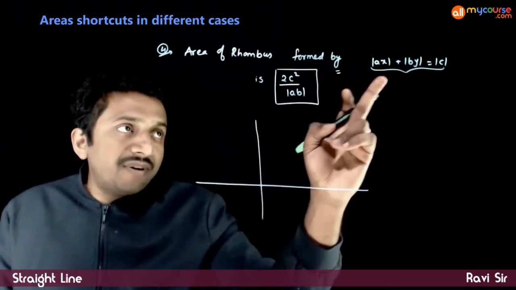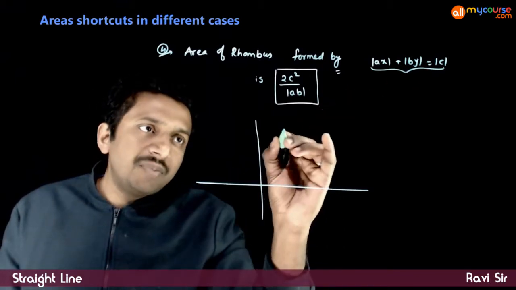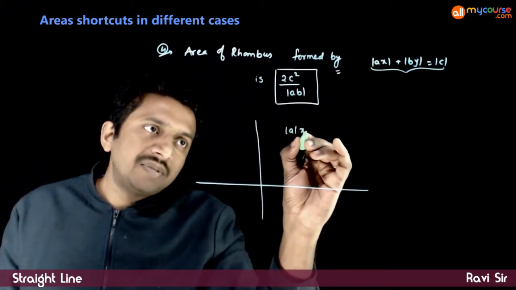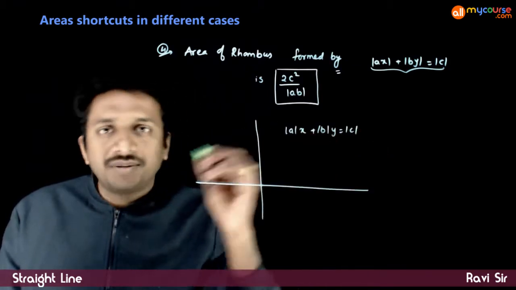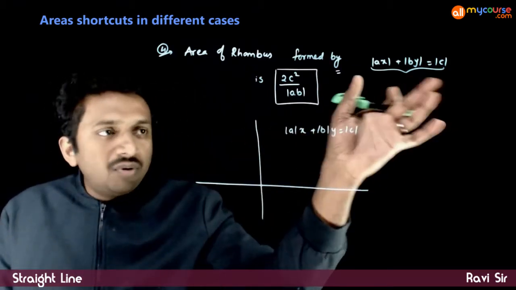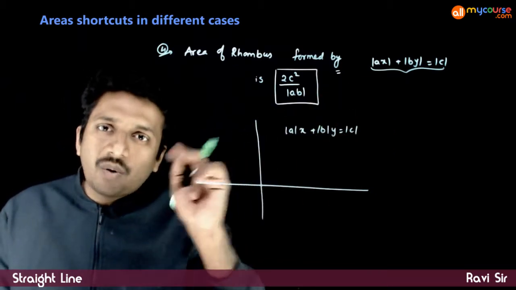In the first quadrant, x and y both are positive, so this equation can be written as mod A times X plus mod B times Y is equal to mod C. What is this equation in the second quadrant?